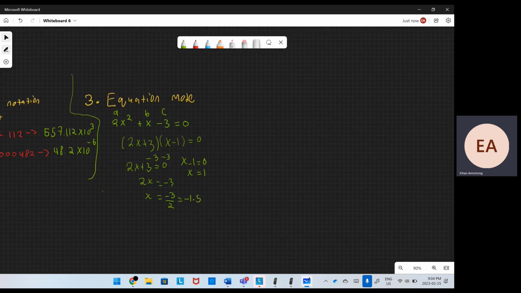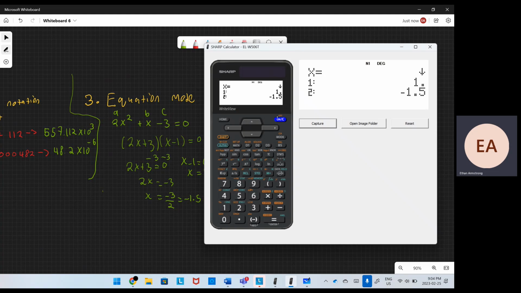For this one, factoring it isn't super difficult, but say we had something like 17x squared plus 24x minus 112 or something equals 0, and we wanted to try to factor that, that would basically be impossible. So we could enter it here.